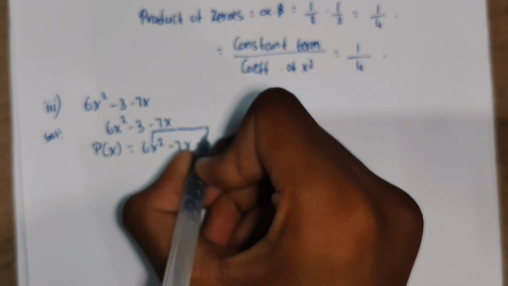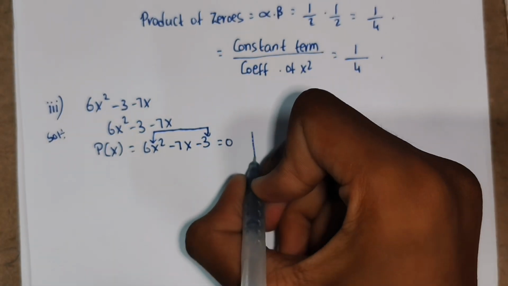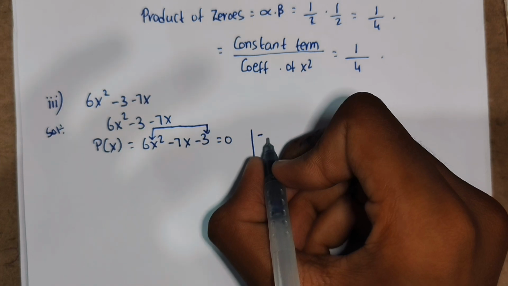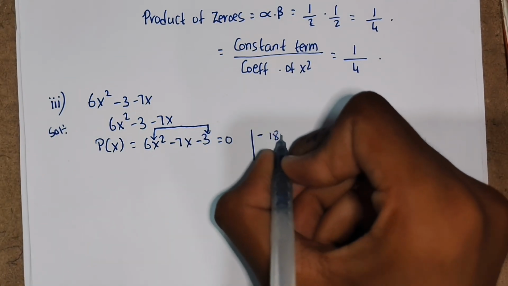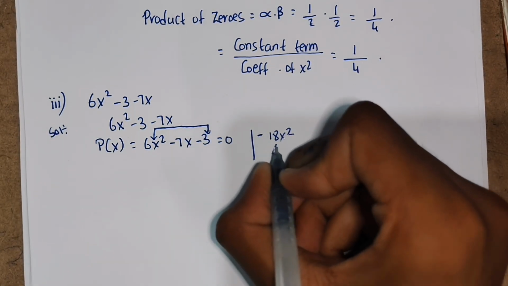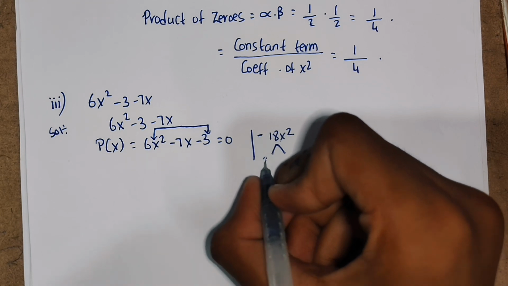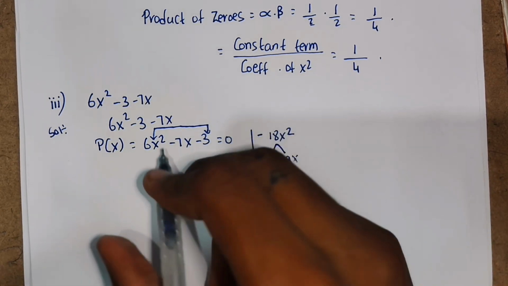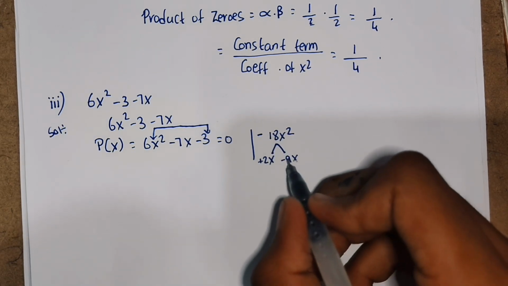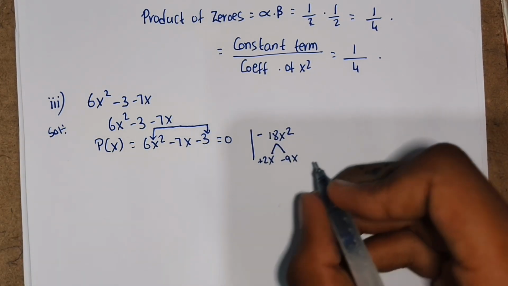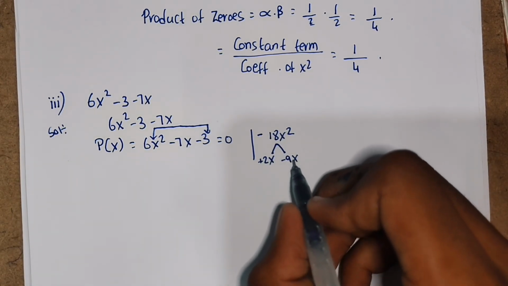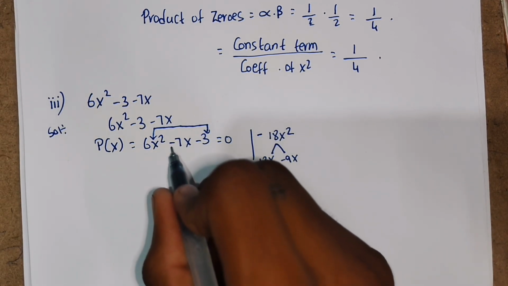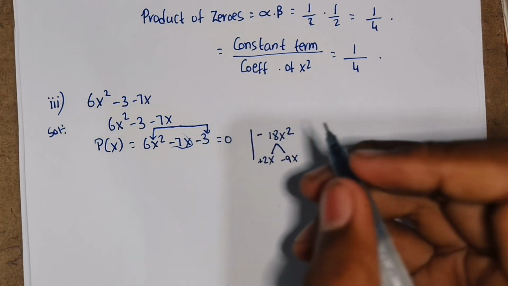Multiply these both numbers. Plus into minus, minus 6 3s are 18, 18x square. Means 2x and minus 9x, plus into minus, minus 2 9s are 18, x into x, x square. If we add or subtract these two numbers, we want to get minus 7x.